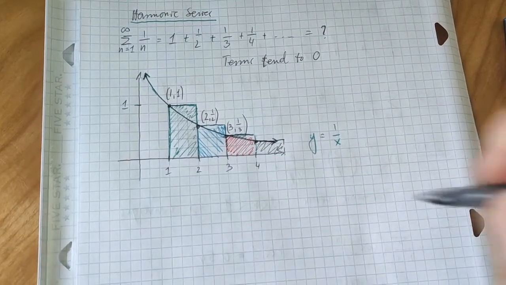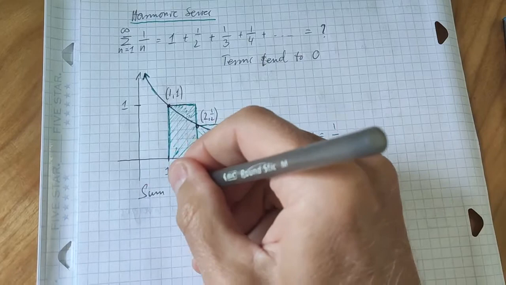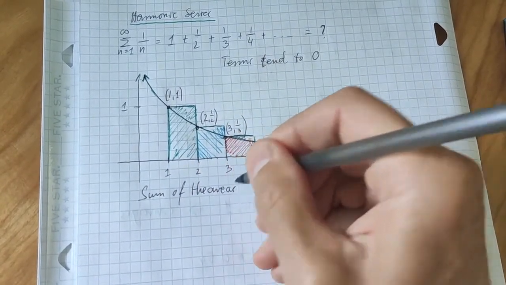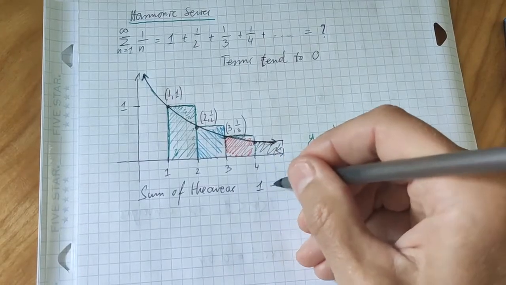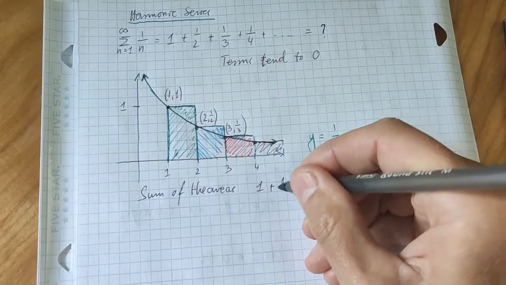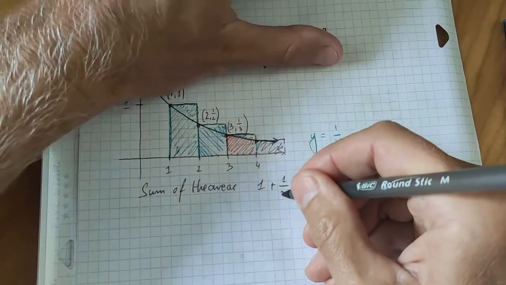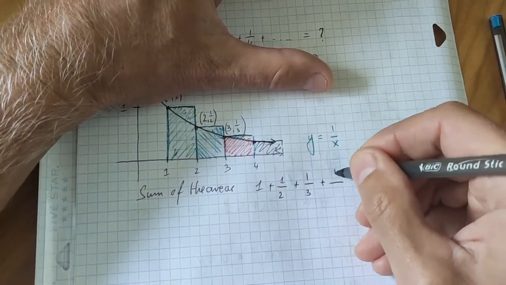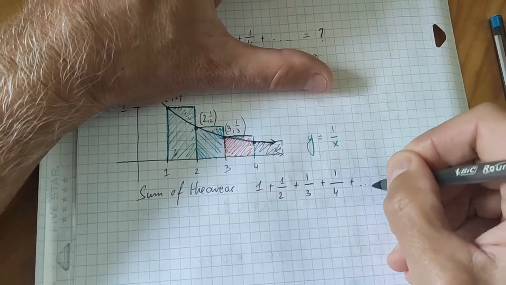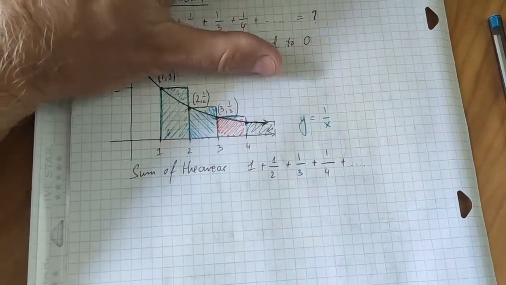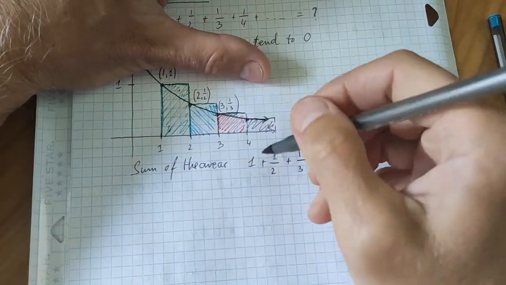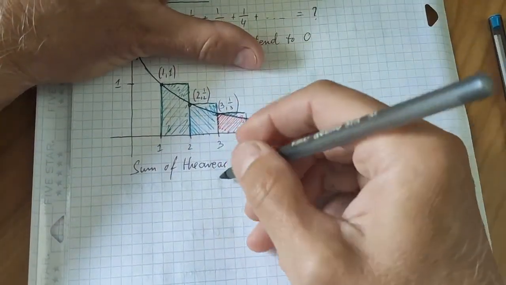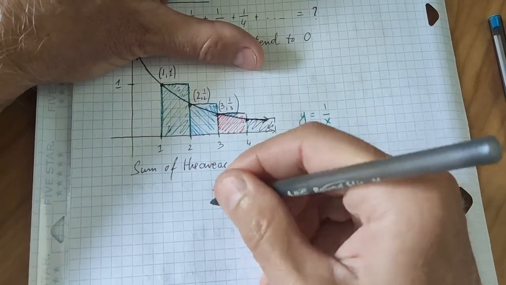Anyway, so here is the sum of the areas. So that's going to be that, right? 1 plus half plus 1/3 plus 1/4, etc. Okay, so you can see that the areas of those rectangles correspond to the terms of our sequence.